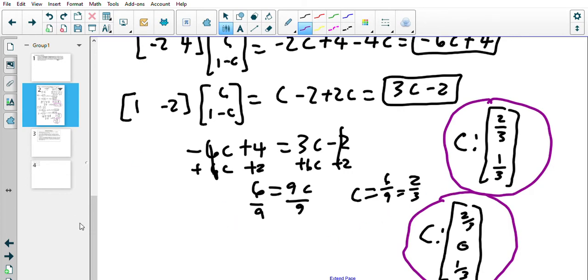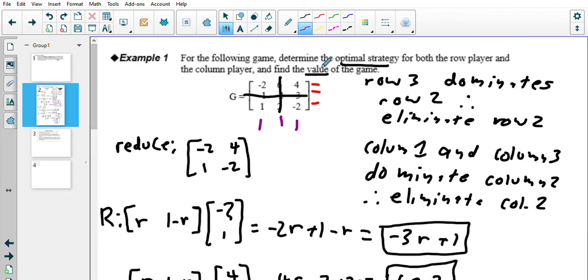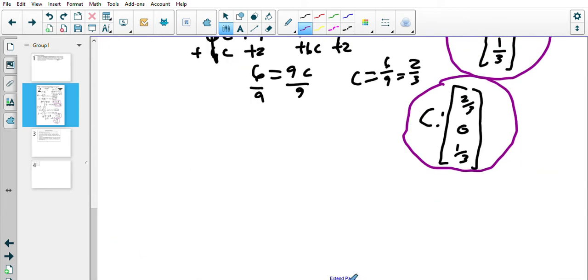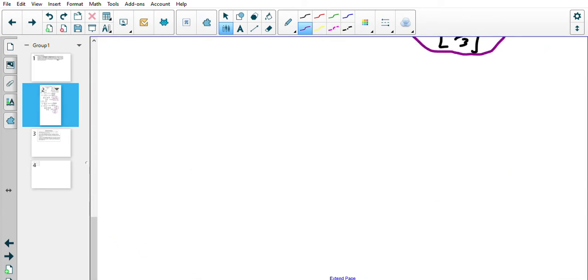So the last task then is to find the value of the game, right? We want to find the value of the game. We have kind of two options here, and this is why I showed you both of the ways that we can consider the row and the column optimal strategies. One way you can find the value is by doing your row times our reduced matrix times the column, our 2 by 2 row and our 2 by 2 column.